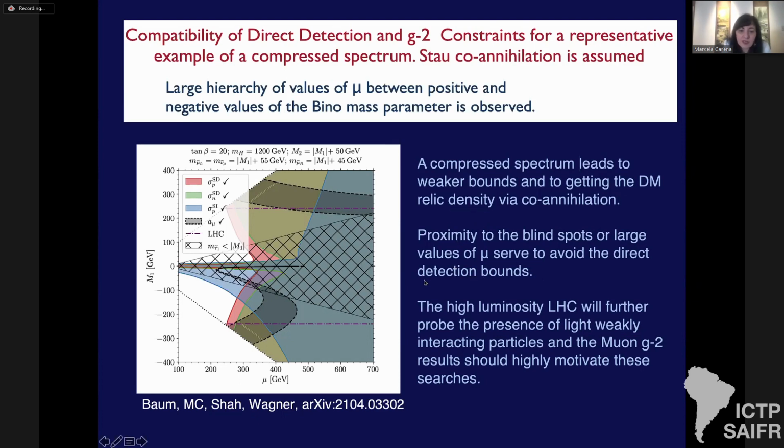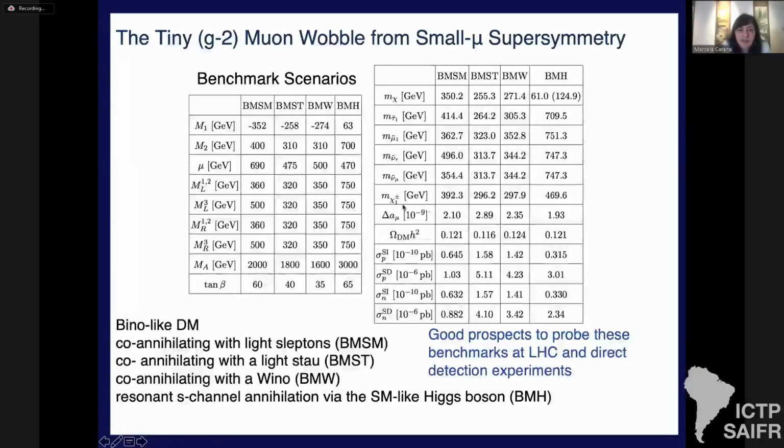And I would say, and this is my last slide, I don't want you to pay a lot of attention, but if you look at these particle masses here, for example, this is annihilation with the muons, so this muon mass is very close to the dark matter mass. This is annihilation with the staus, so the stau mass is very close to the dark matter mass.